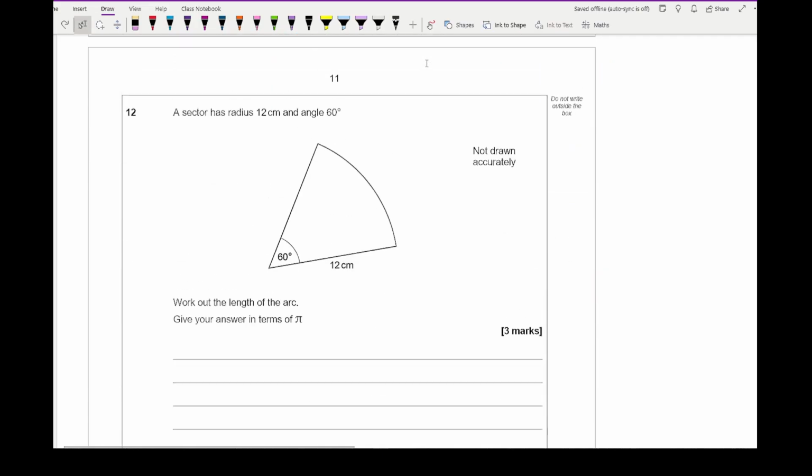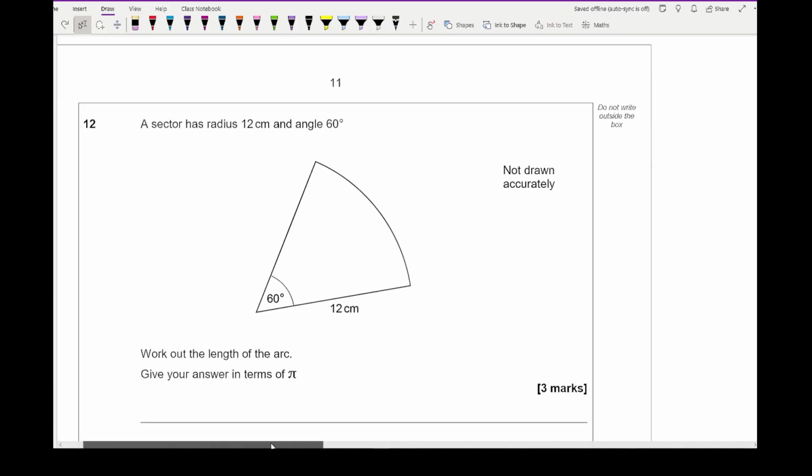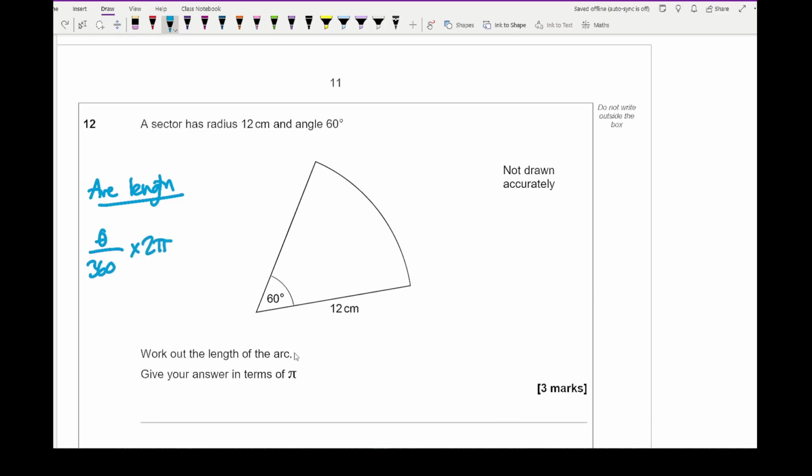Moving on to question 12, let's just zoom in a little bit. It says that the sector has a radius of 12 centimetres and an angle of 60. Work out the length of the arc. Well, the arc length is equal to theta over 360 multiplied by 2 pi r. So that's the formula we need to use. Theta is 60 and r is 12.